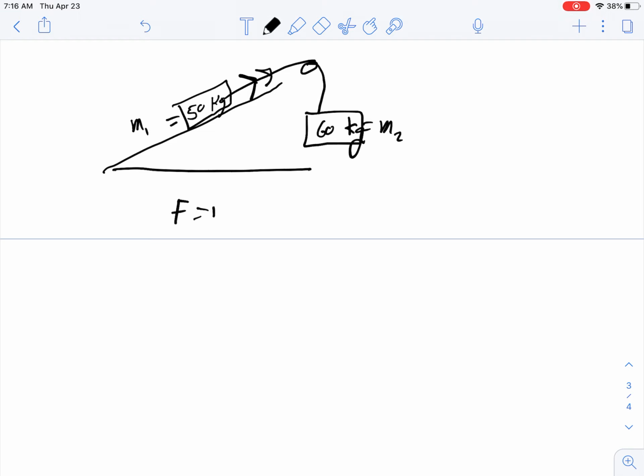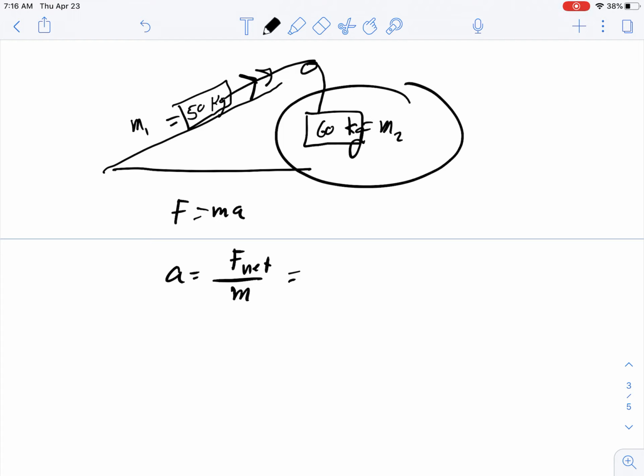So again, we use Newton's second law of F equals ma, a being your net force over your mass. Well, what's my net force? Well, you have m2 here. That's your mass 2 times gravity, and you're going to take away your other one, which is mass 1 gravity sine of theta.